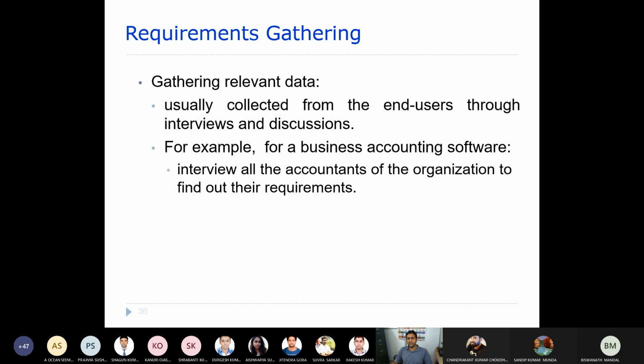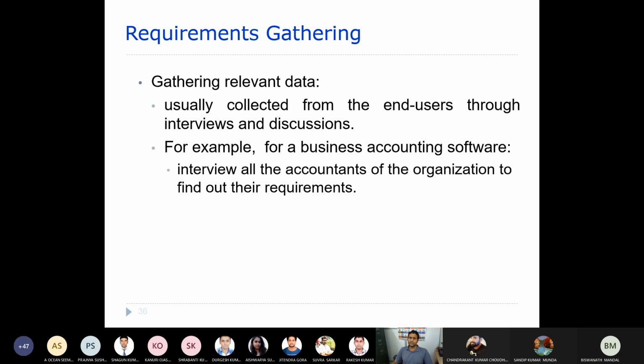As part of requirement gathering, we gather very relevant data, right? Maybe this data will be gathered through interviews and discussions with the end users. So the analyst will go and have different interviews with the end users.